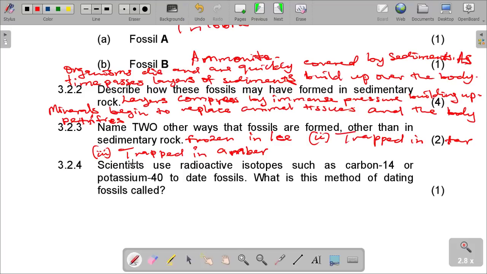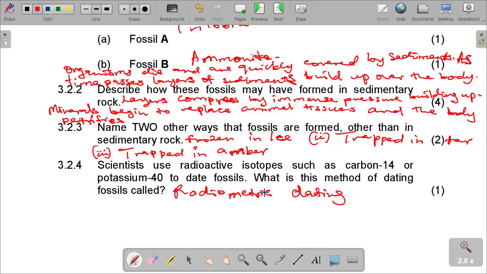Scientists use radioactive isotopes such as carbon-14 or potassium-40 to date fossils. What is this method called? We say that this is called radiometric dating. We once answered this question above.